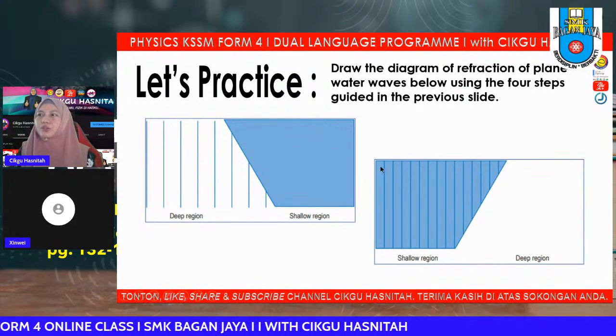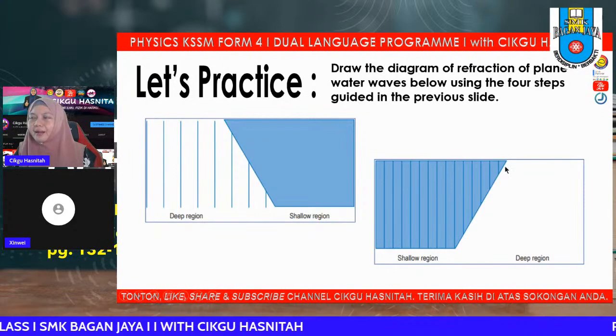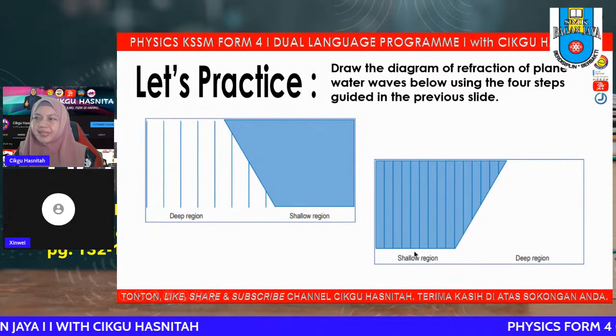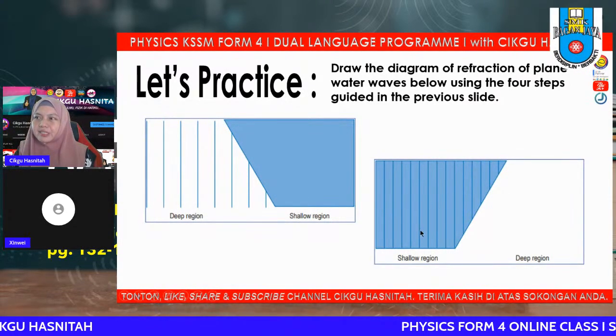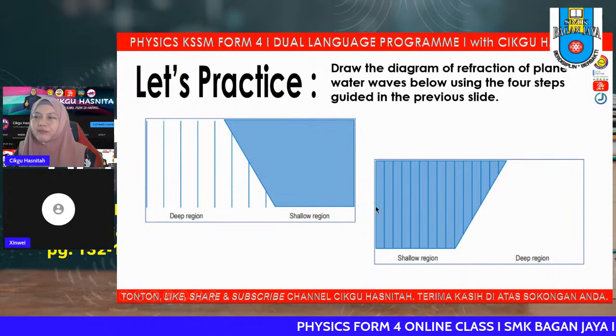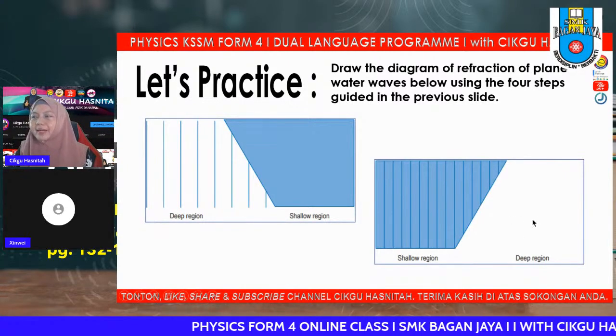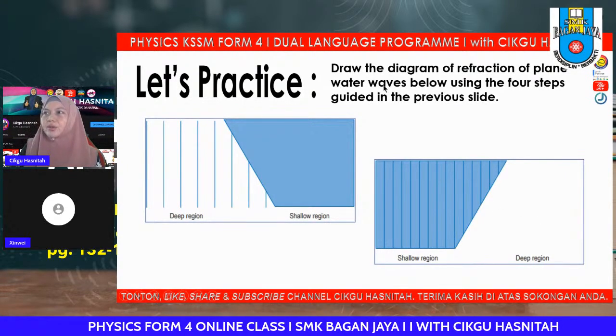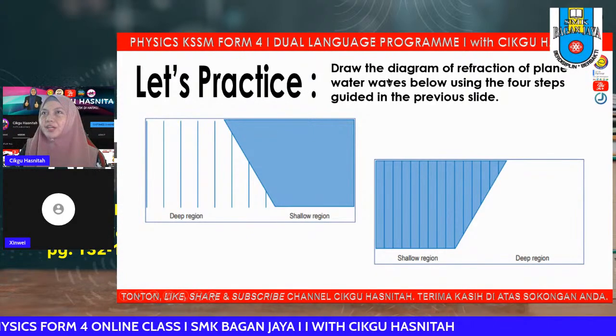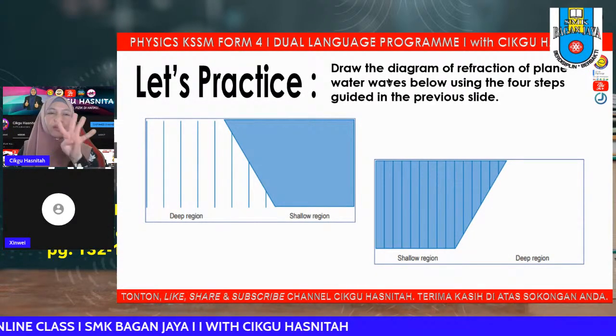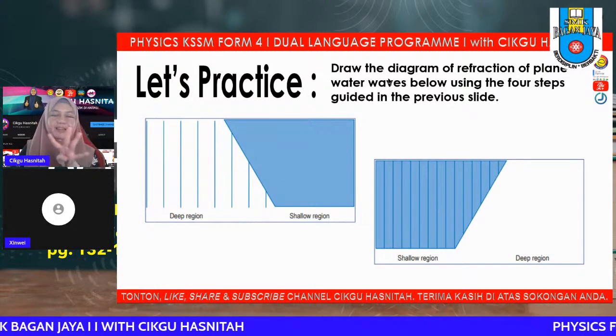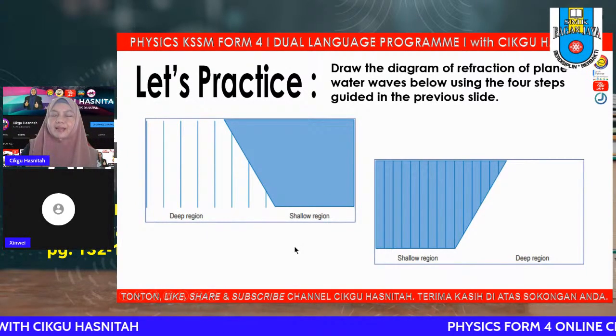And this one also we place the perspex plate here to create a shallow region. So the second diagram, the water travel from shallow entering a deep region. So you have to draw the diagram of refraction according to the 4-step guide in the previous slide.